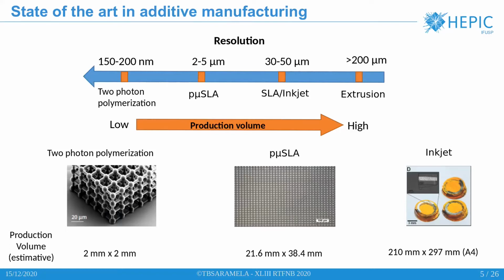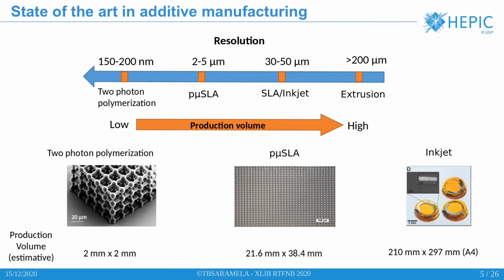And on the other end, on the left, we have two-photon polymerization with this incredible resolution of hundreds of nanometers. But we are only able to produce samples of 2 by 2 millimeters, which is really small, even to handle.